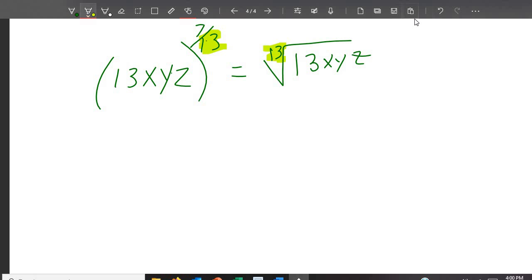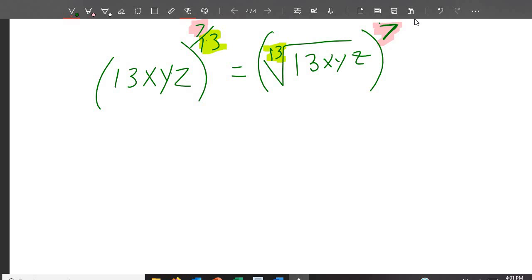And that top number tells me to do this. Put the whole thing in parentheses and put that number on the outside as my exponent. Now, there's not anything else I can do with that. That's all I can do. But we just need to be able to go back and forth.